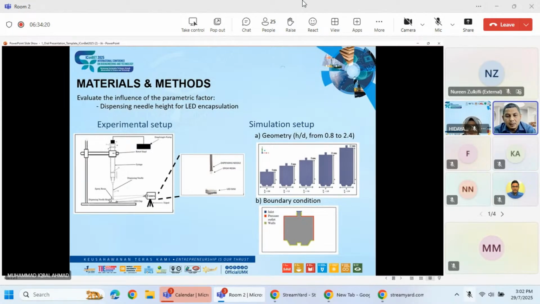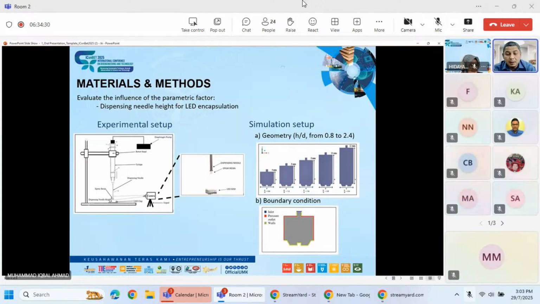So we have done a simple setup. We have a small camera, a syringe, and an LED chip itself. There are thousands of different sizes of LED chip, and we chose one for this study. We measure the dispensing needle height according to the EMC droplet.